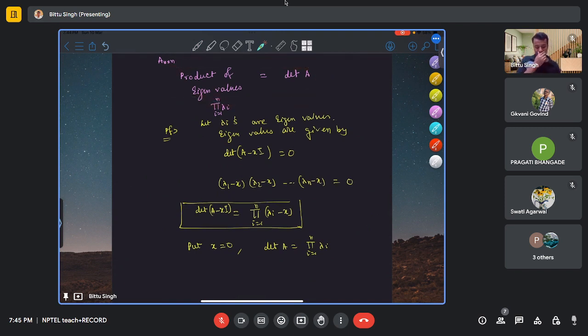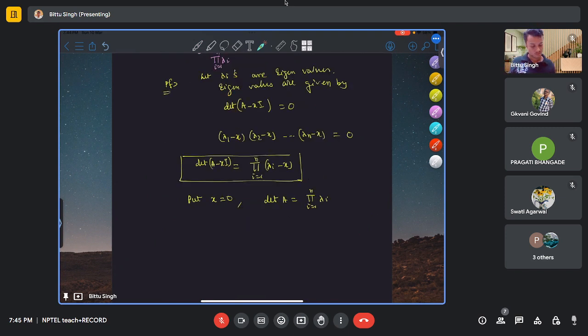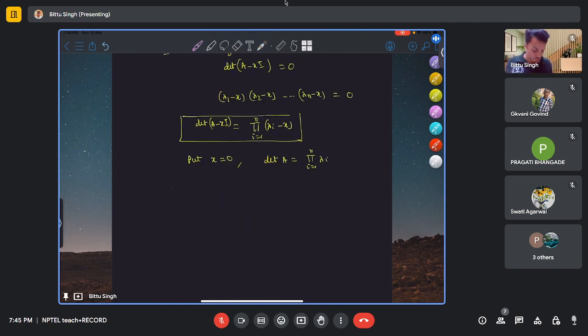And there is another property which says the sum of the eigenvalues, or in notation the sum of the lambda i's, is actually the same as the trace of the matrix A. You can check this property also.